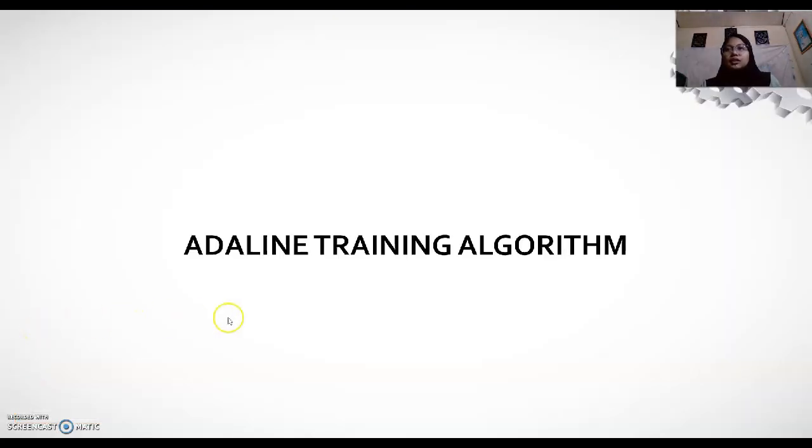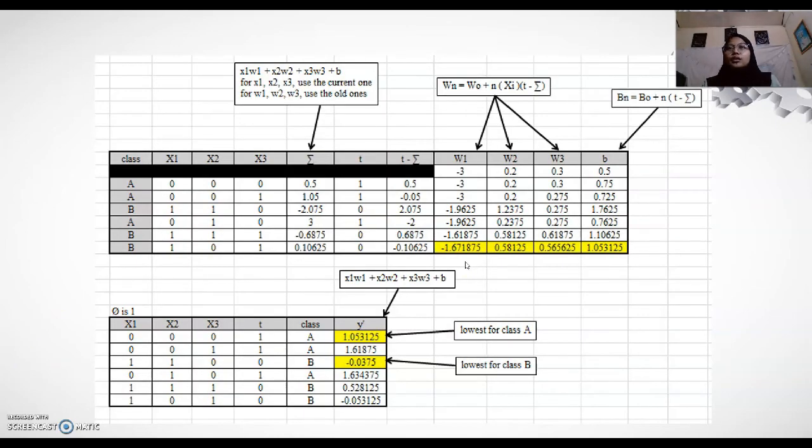Okay, next is the Adaline training algorithm. For the Adaline table, we add the sum and t minus sum. The formula for sum is x1w1 plus x2w2 plus x3w3 plus b.